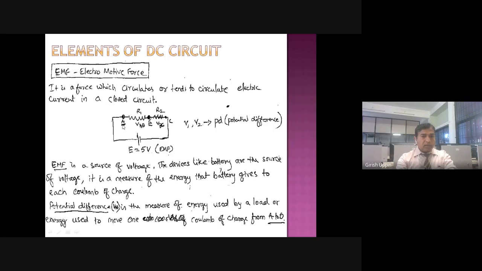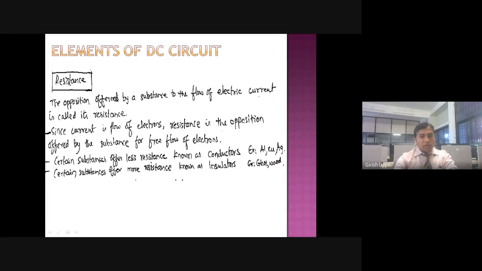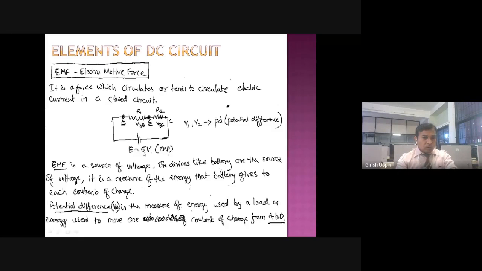You can see here, this is a closed circuit. We have resistor 1, resistor 2, and they are connected to an EMF source. Either you can call it an EMF source or a voltage source, E, and these are connected with wires on this side and this side. Now we have resistor R1 and resistor R2.